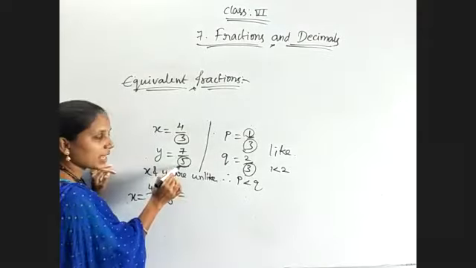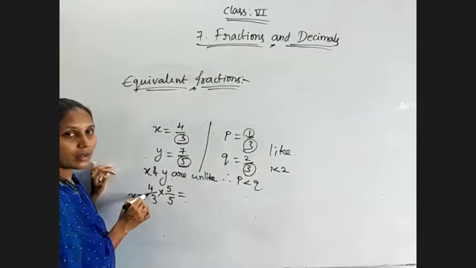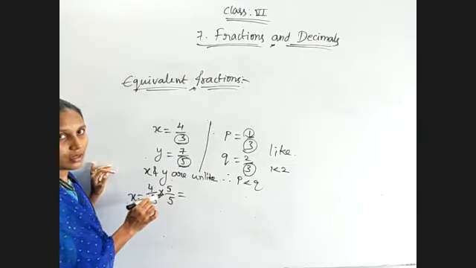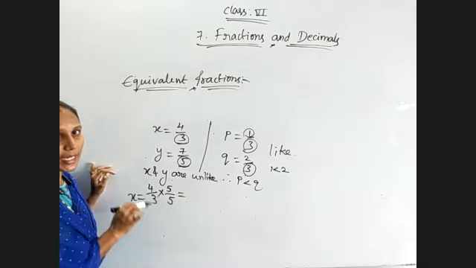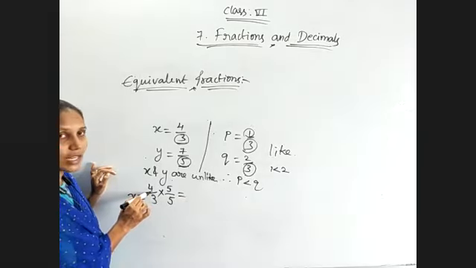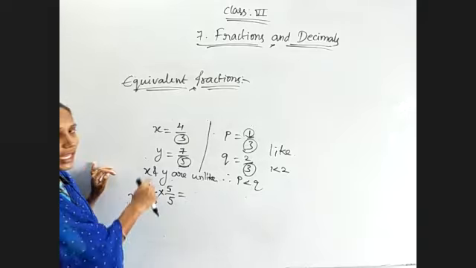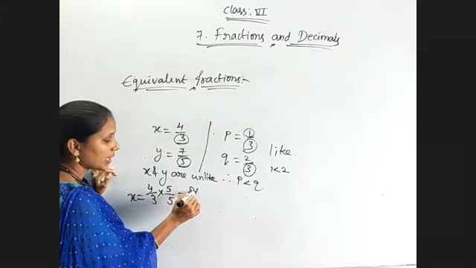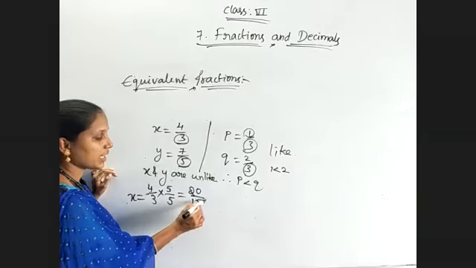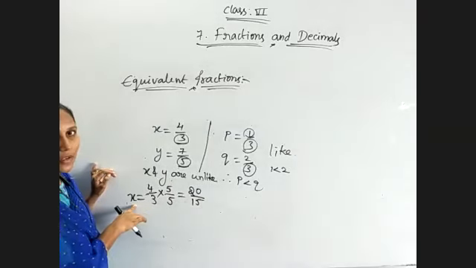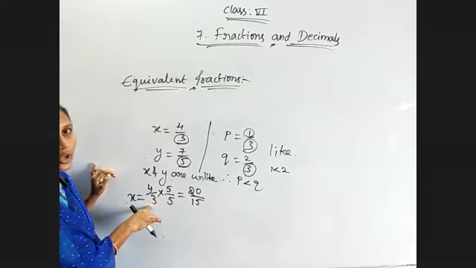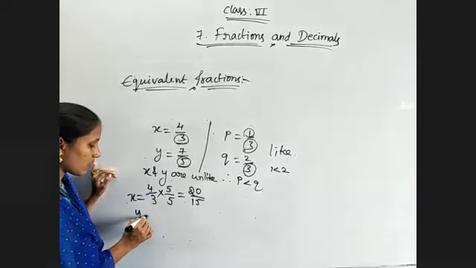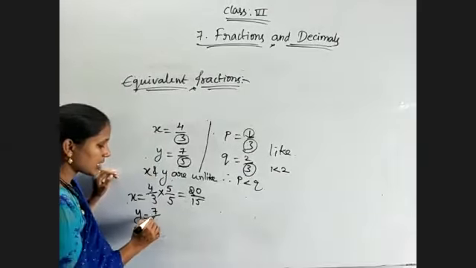Here I am multiplying the numerator and denominator of x by 5. Then I get its equivalent fraction. Instead of 4 by 3, I can use that value also. So 4 fives are 20, 3 fives are 15, the new value of x, which is equivalent to 4 by 3.